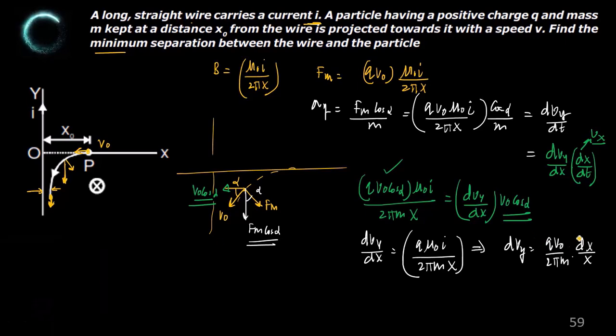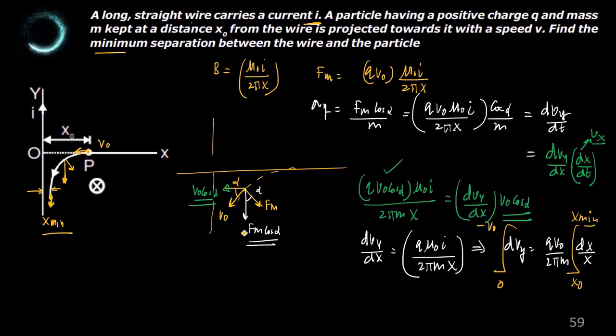Initially, when we start the particle, x is x naught. After some time the particle is at a minimum distance, x minimum, which I want to calculate. So the limit is x minimum. At x naught, the velocity along the y direction is 0, and finally the velocity along the y direction is minus v naught, because it is in the negative direction.